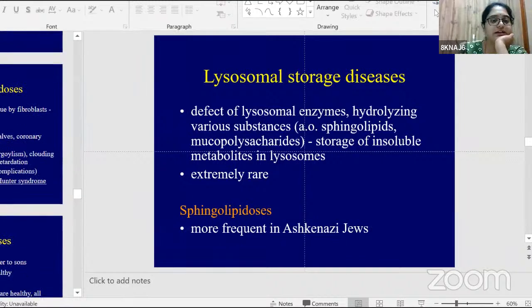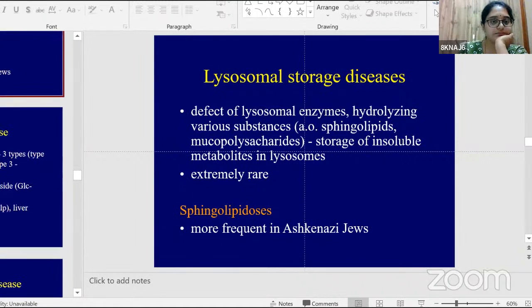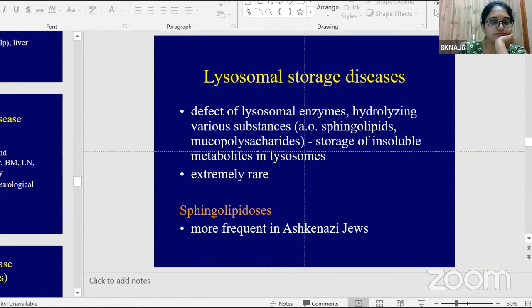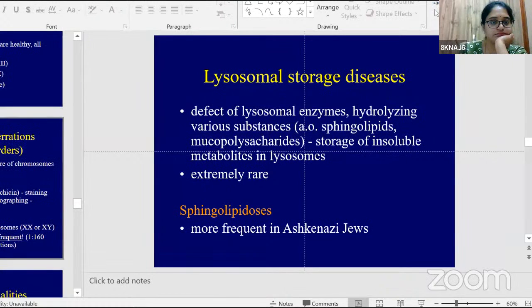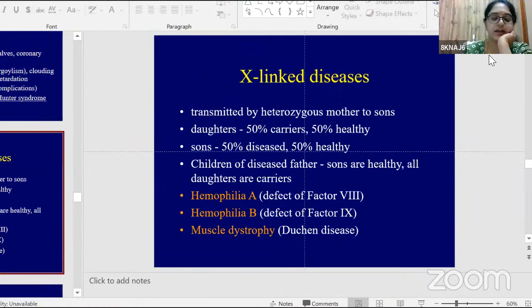Now let us see the X-linked diseases. In X-linked diseases, the X chromosome is involved. Most diseases follow an X-linked recessive pattern. It is transmitted by a heterozygous mother to sons. Daughters can be 50% carriers, 50% healthy.